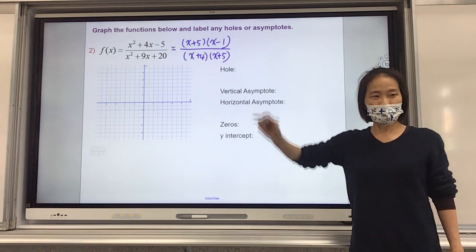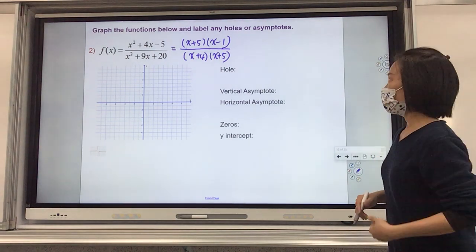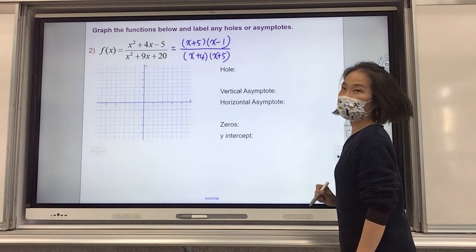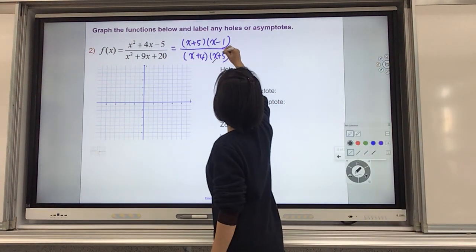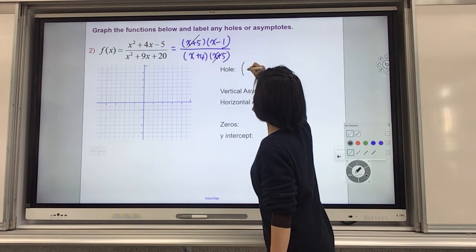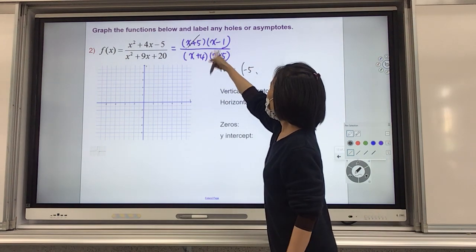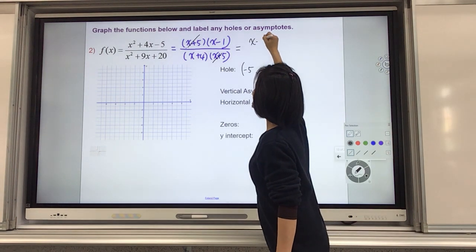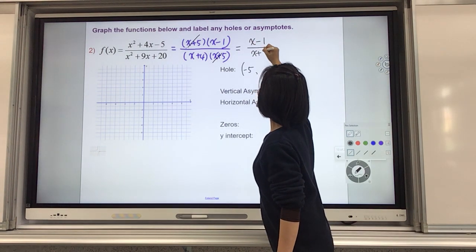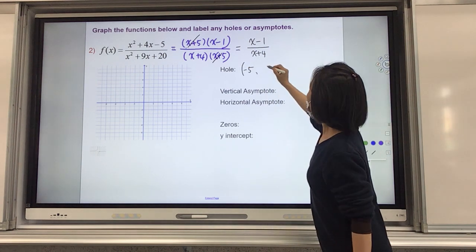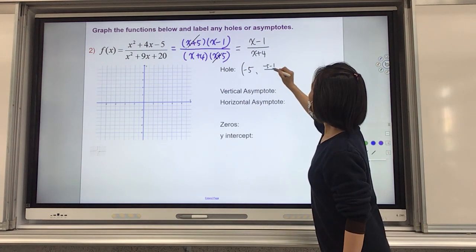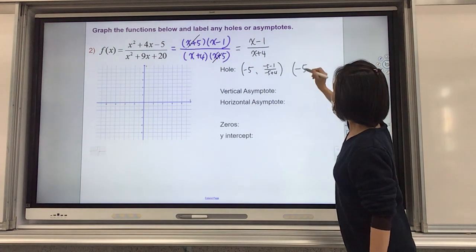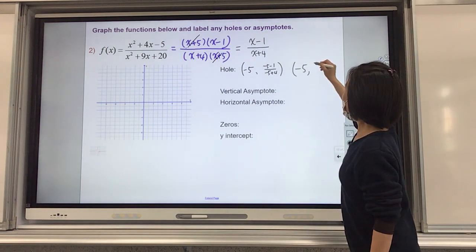Are you working on this along with me? Where is the hole? -5. Yes, -5. I'm going to substitute -5 into the simplified version. So now, -5 minus 1 over -5 plus 4. So where is the hole? 6. -5, 6.